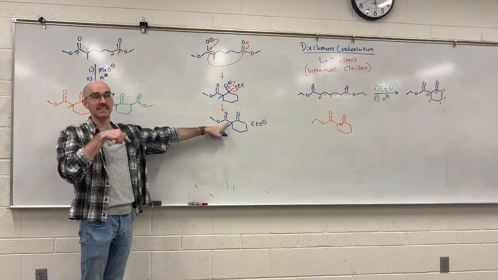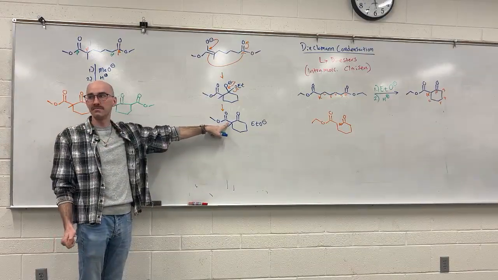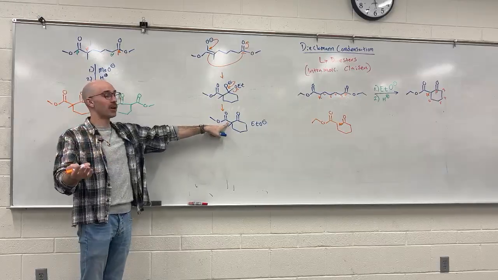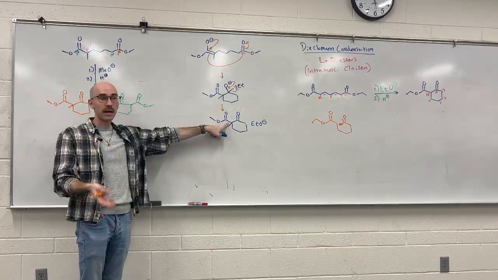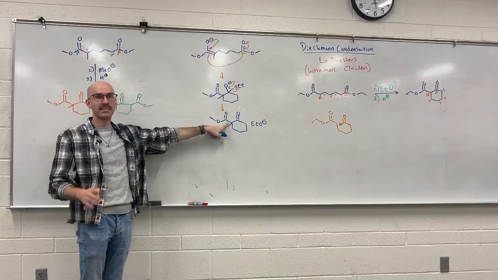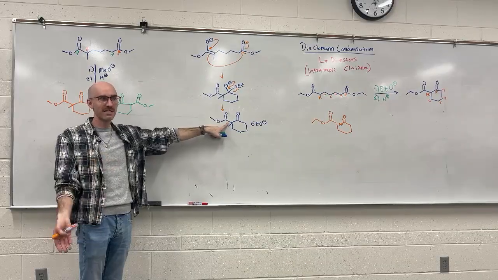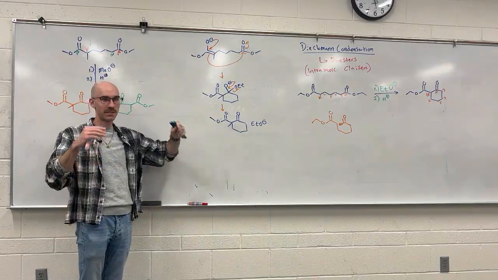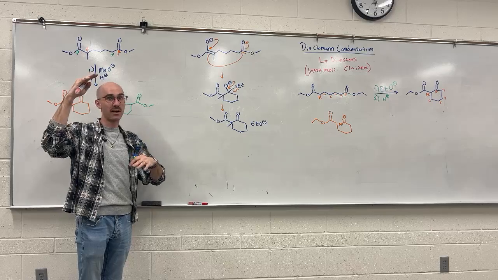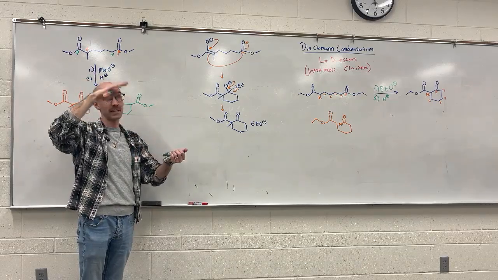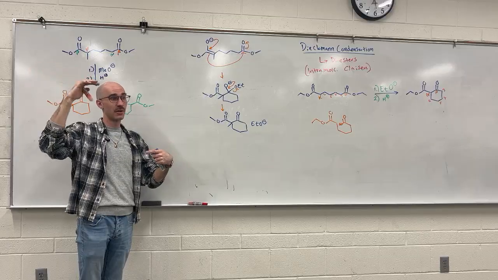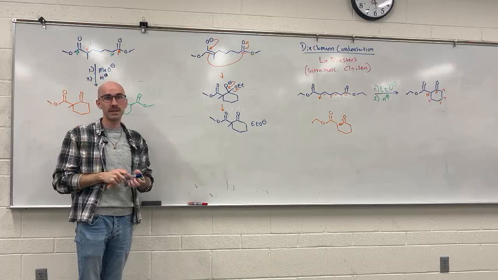What we didn't discuss in these steps is that each step along the way is in equilibrium. It's readily reversible, except for that final deprotonation step, because there's an acid-base difference of pKa of 11 versus pKa of 16, so a 10,000 times difference.